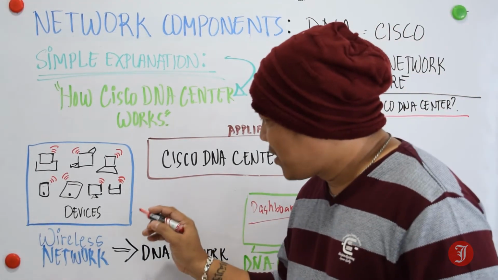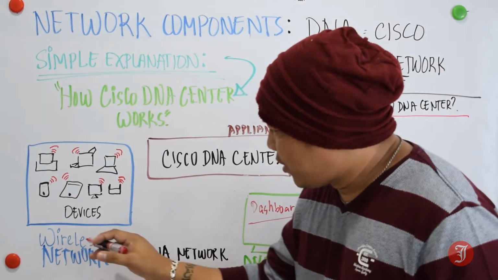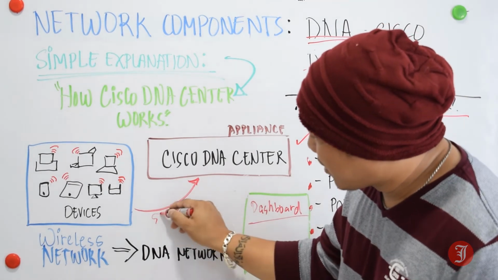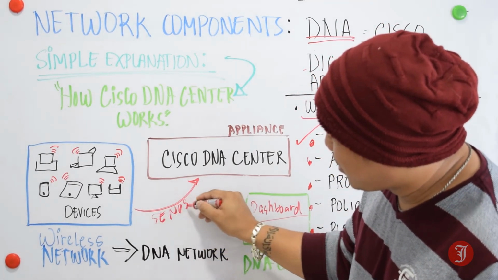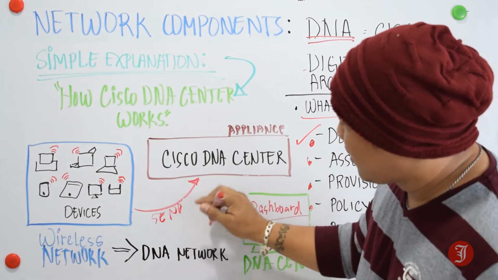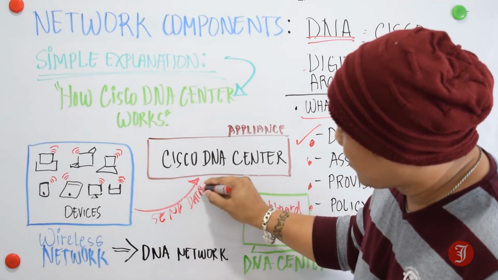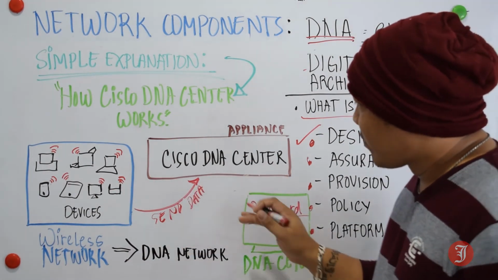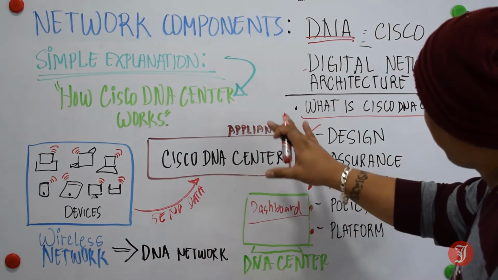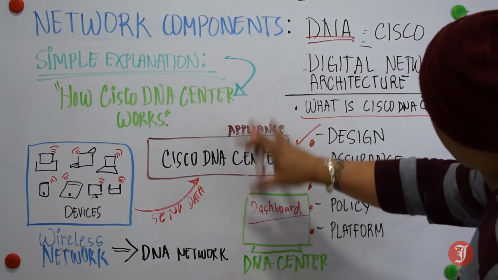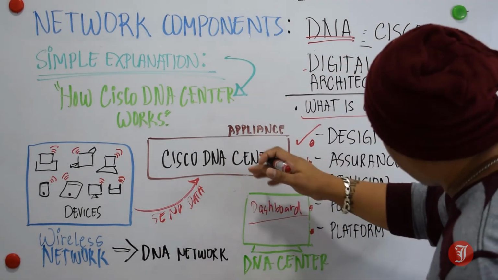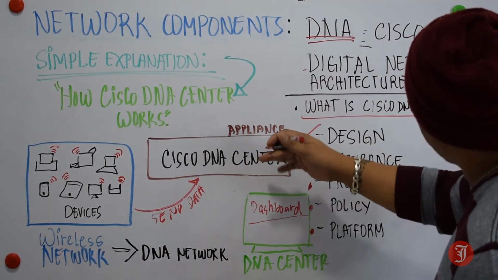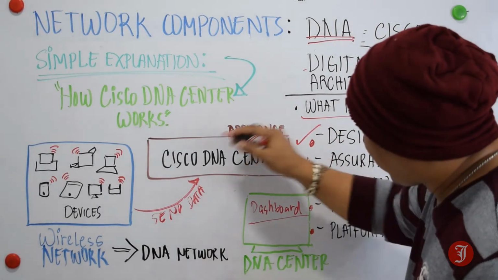So, ang ibig sabihin ko dito, I have a wireless network. Etong si wireless network, kapag nag-send ito ng data, from here to the Cisco DNA Center, so lahat ng features and capabilities i-activate dito sa ating Cisco DNA Center on your network devices using DNA software.